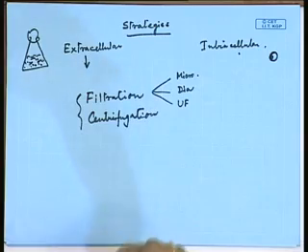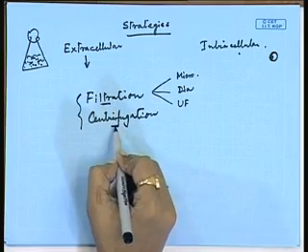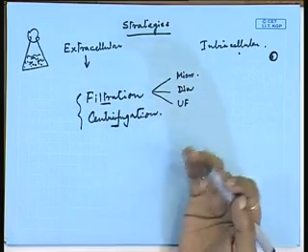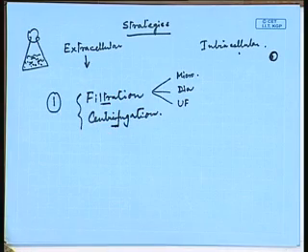Then an alternative to this particular filtration technique is centrifugation, through which we can also go for different types of solid liquid separation. So, this is the first step of downstream processing.